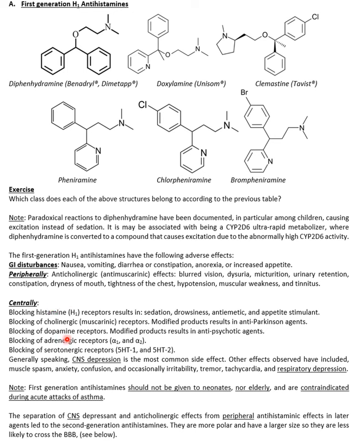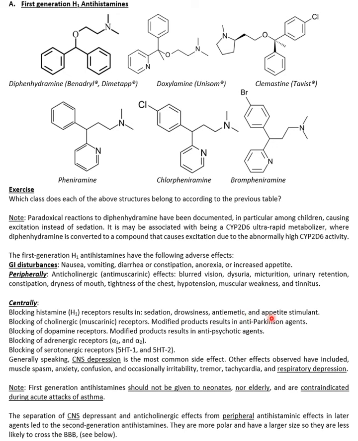More important is the fact that these first generation antihistamines cross the blood-brain barrier. So when they cross the blood-brain barrier, they act in the CNS in the brain and produce effects by first inhibiting the H1 receptor in the brain, and this causes sedation, drowsiness, anti-emetic effect, and appetite stimulant.